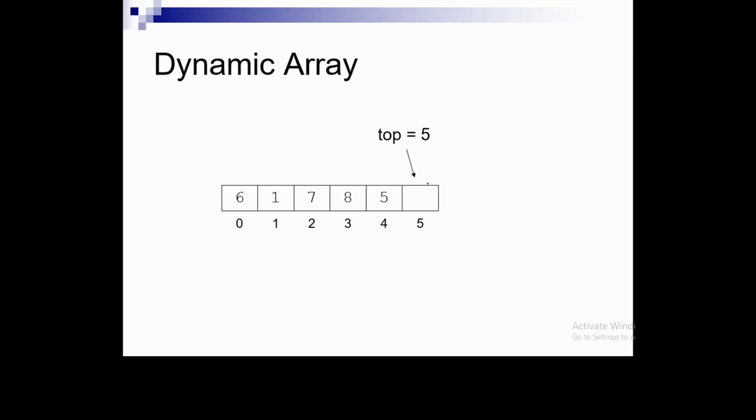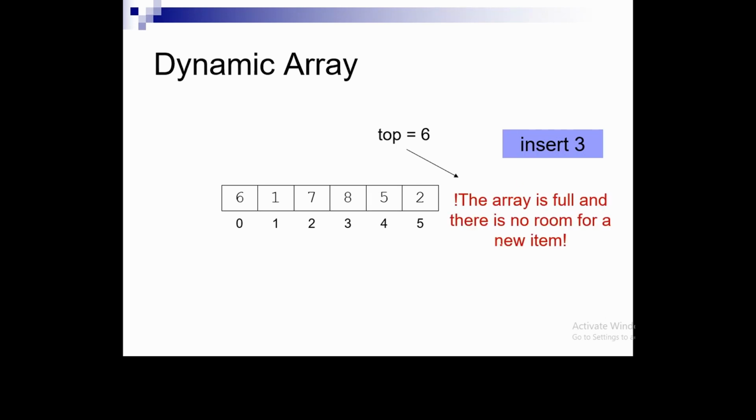I'm inserting element 5, then this element will go here, and we have one blank location, and I'm inserting 2, then it will come here. Now we don't have any blank location in the array, and if I want to insert 3, it will not be possible. The array is full and there is no room for a new item.